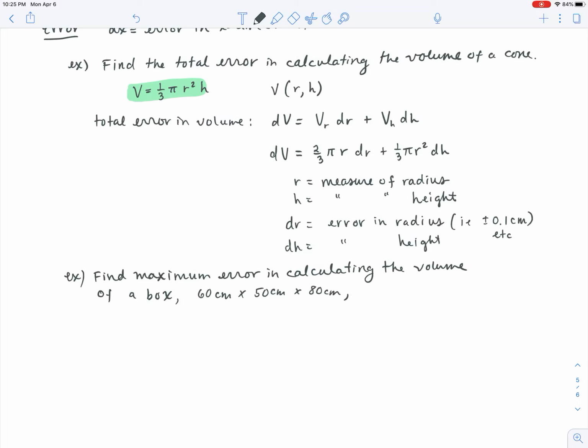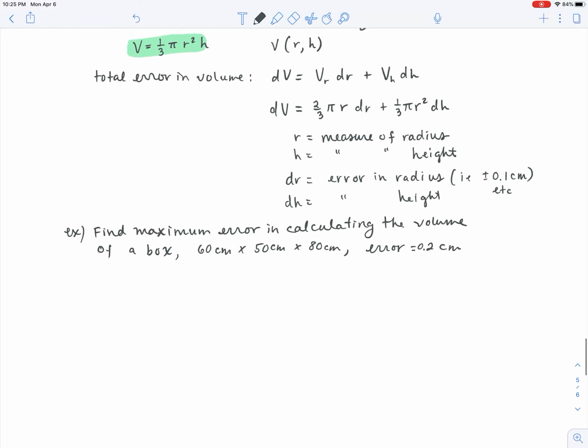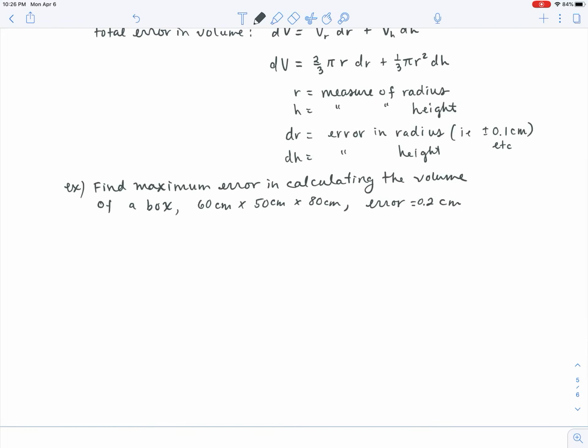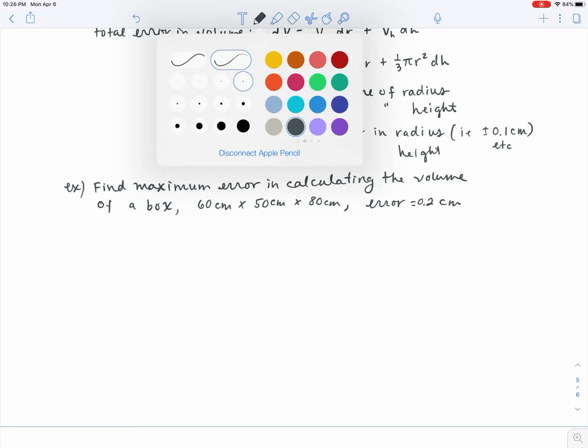And the error in each dimension is going to be 0.2 of a centimeter, so 2 millimeters. So that just means that whatever you're using to measure the box's dimensions has an error of 0.2 of a centimeter. And so therefore, what we're going to start with is the volume of the box.